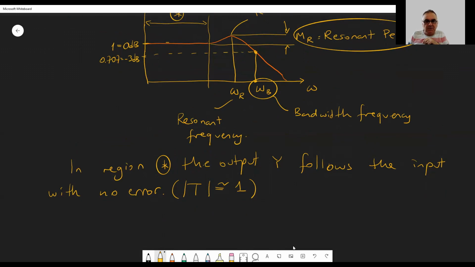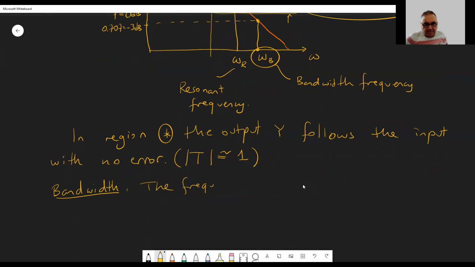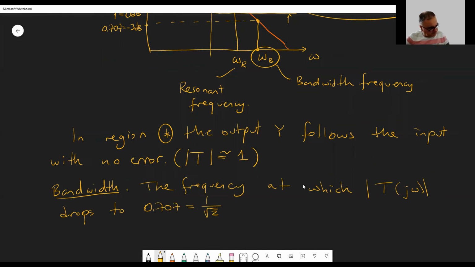The bandwidth is the frequency at which T of j omega drops to 0.707, which is equal to 1 over root 2, by the way, of its zero frequency level.